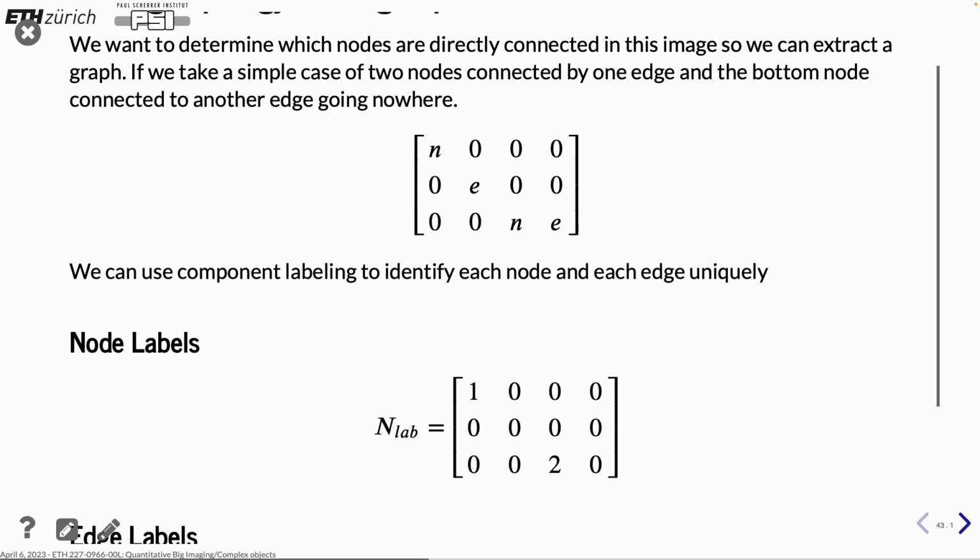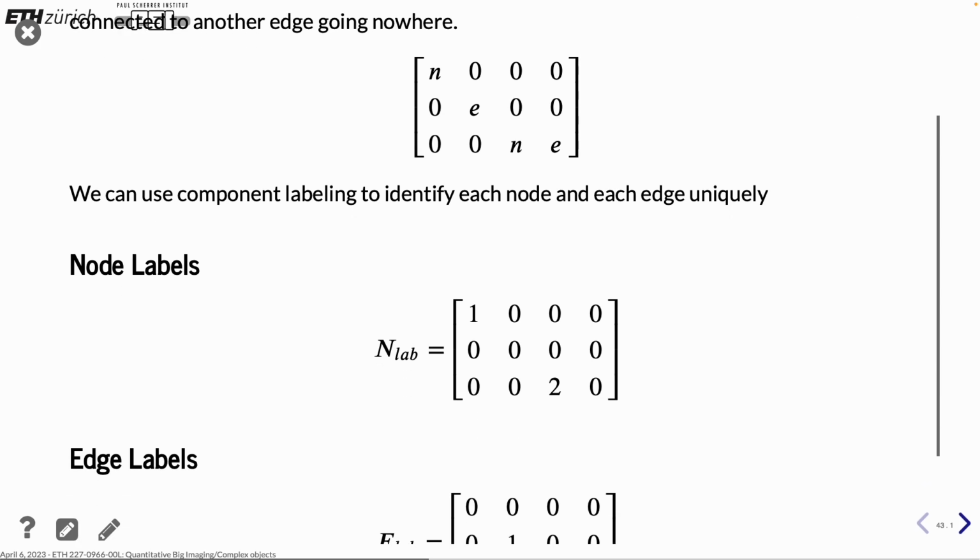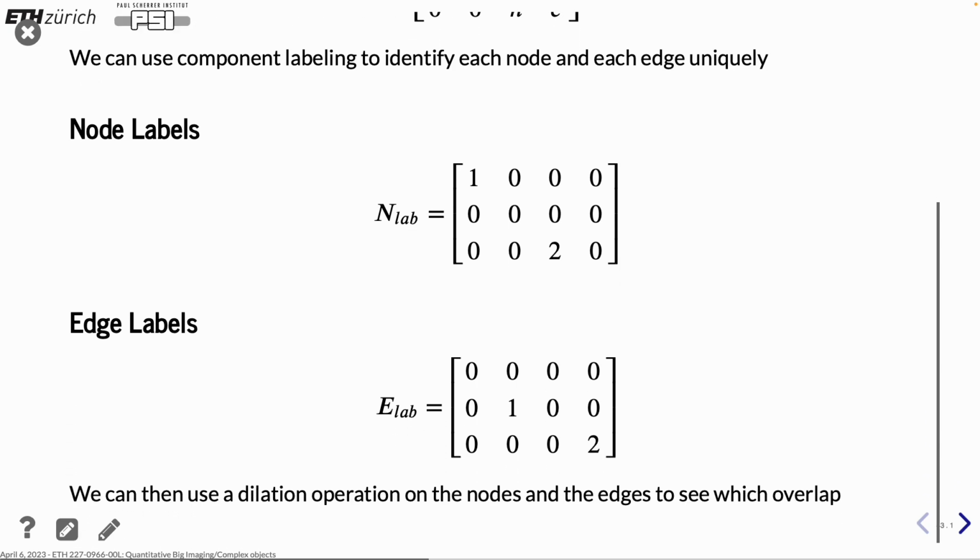In this example, we can label the nodes like this. We have node 1 and 2 and background. And we have edges 1 and 2 as well. Now we want to look at which edges belong to the same nodes. Other way around: which nodes belong to the same edges. Sorry.